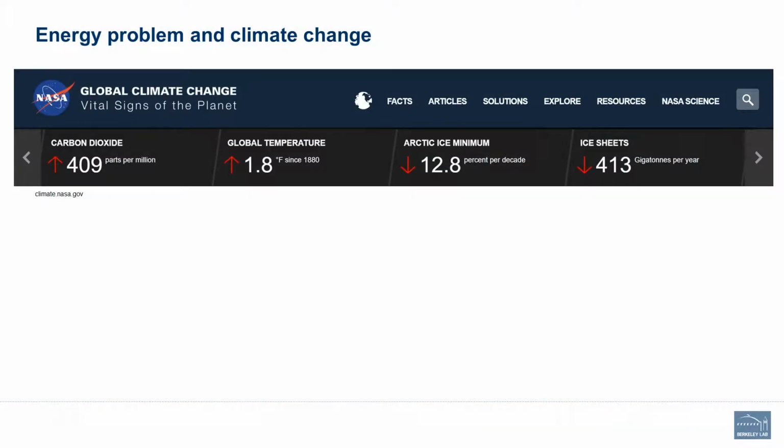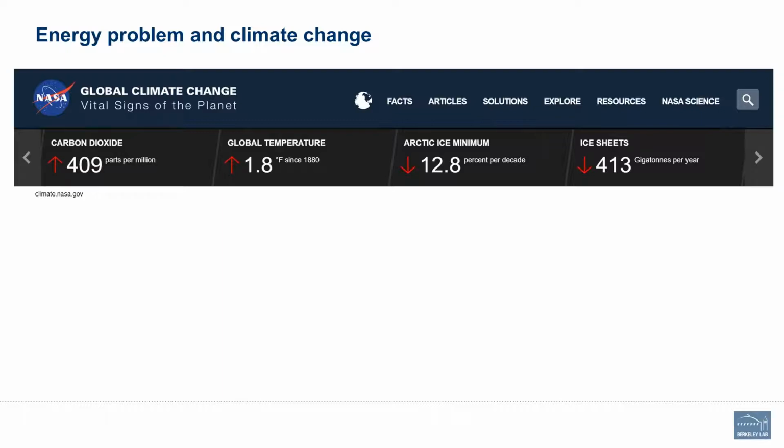So if we look at numbers, and specifically if we look at the vital signs of the planet that are published on the climate.nasa.gov website, we can see how recently the climate change has touched alarming levels. Specifically, we can see that we have higher parts per million of carbon dioxide that have been increasing in the past 650,000 years.